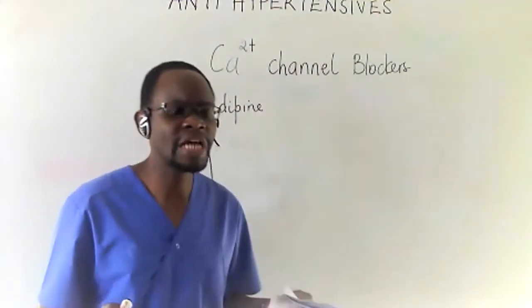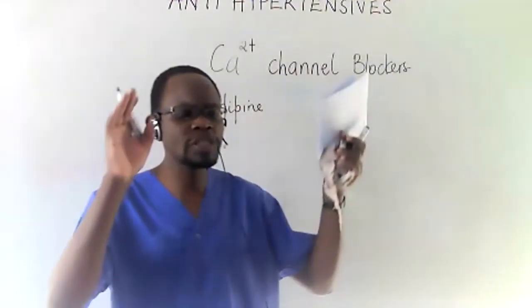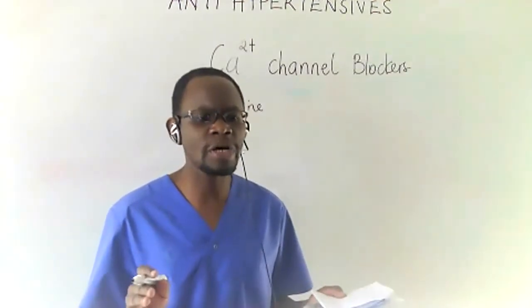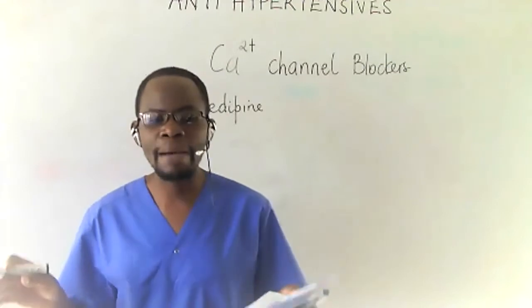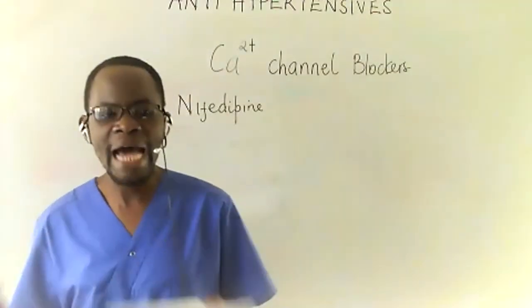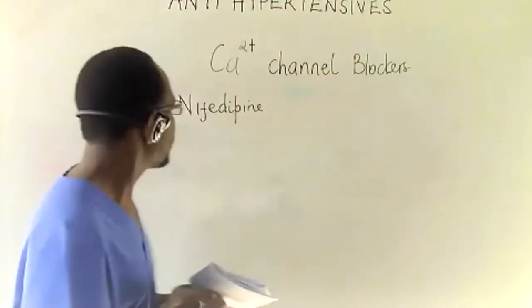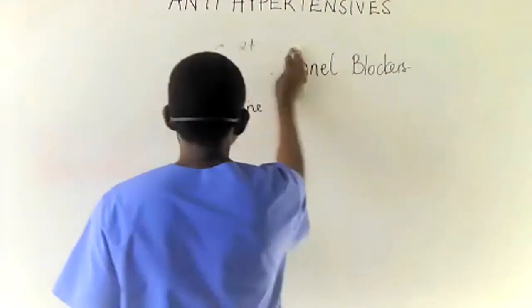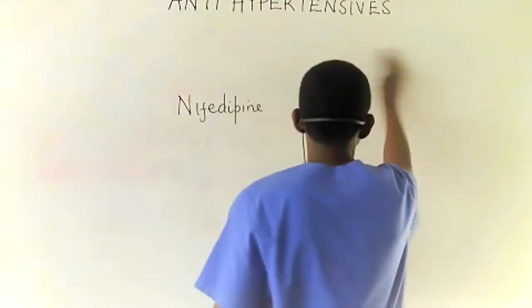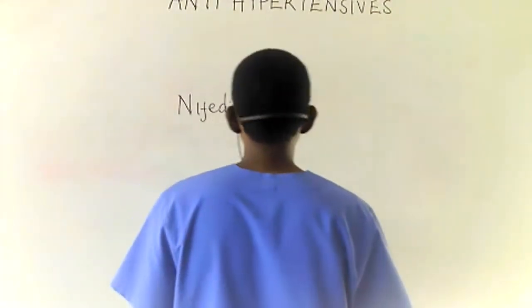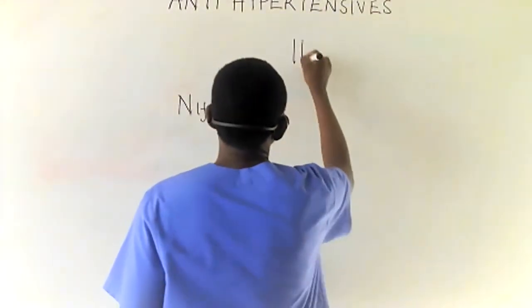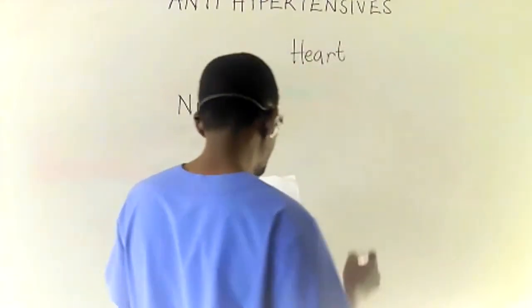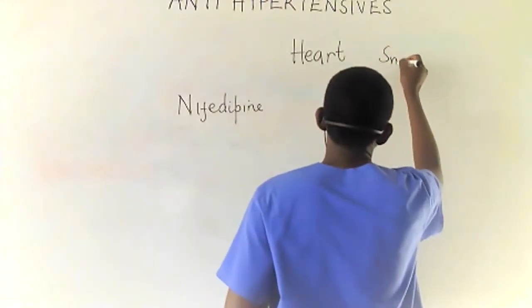Calcium channel blockers are those that work on smooth muscles, or are more effective on smooth muscles, and there are those that are more effective on the heart, or the muscles of the heart. So if we are to subdivide them, let me do something like this. You have the heart, and then you have the smooth muscles.